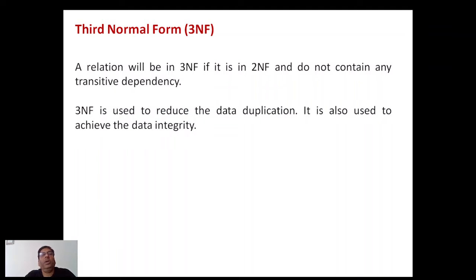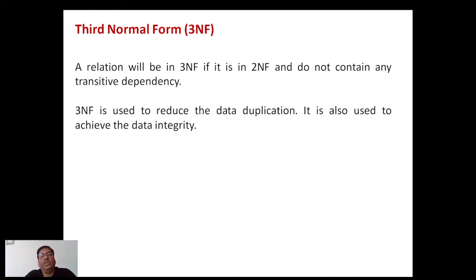Now coming to third normal form, we need to understand what exactly we mean by transitive dependency. Transitive dependency is where a non-prime attribute depends on another non-prime attribute. A non-prime attribute depending on another non-prime attribute, we call it transitive dependency.